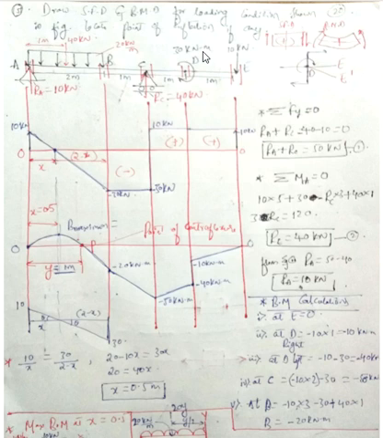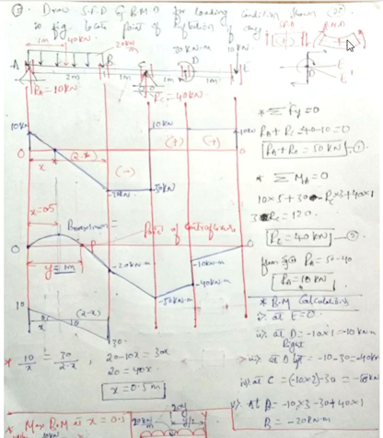Now look, I'm going to solve it by moving from right to left. If you consider this clockwise moment, what it will do is bend the beam. If I move this to the right side and this to the left, it will try to bend the beam downward. When I'm coming from the right side, if the beam is bending downward, then the bending moment will be negative, because this is the sign convention for positive bending moment.